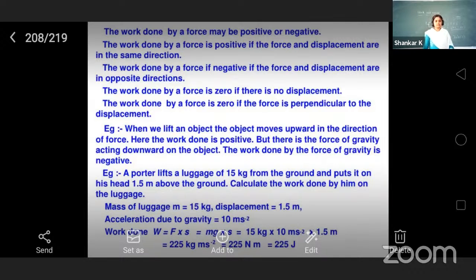So we write mg into s. M is 15 kg and g is 10 meter per second square into 1.5 m. The answer is in joule. How much work is done? 225 joules.